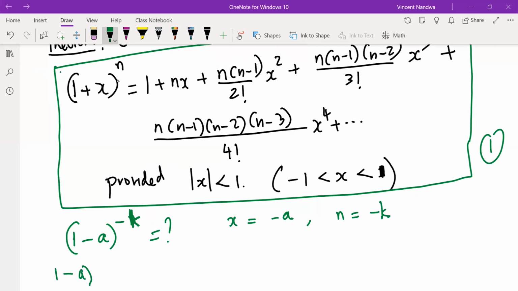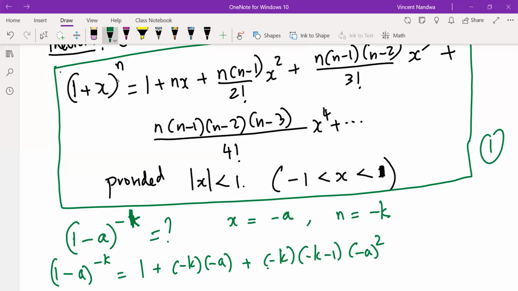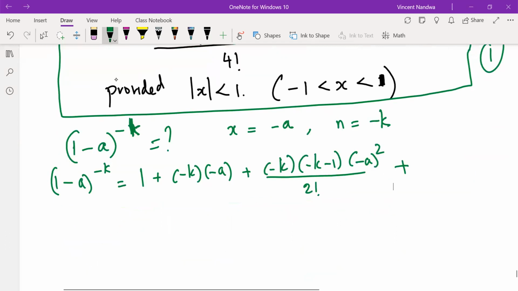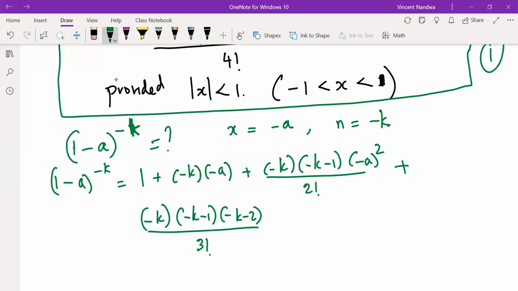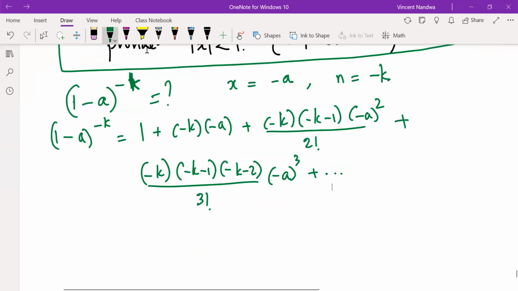So 1 minus a power minus k is 1 plus, where there's n you put minus k, where there's x you put minus a, plus minus k into minus k minus 1 over 2 factorial times minus a squared, plus the next term, minus k into minus k minus 1, minus k minus 2 divided by 3 factorial into minus a power 3, plus several other terms. So let's simplify this.